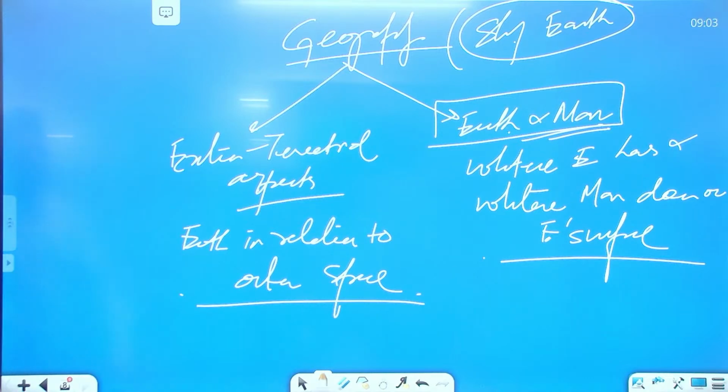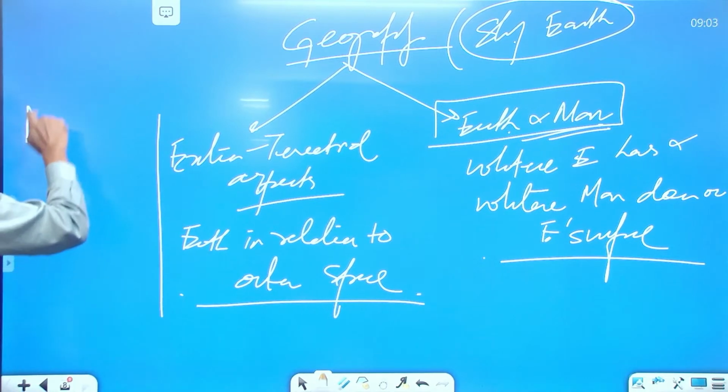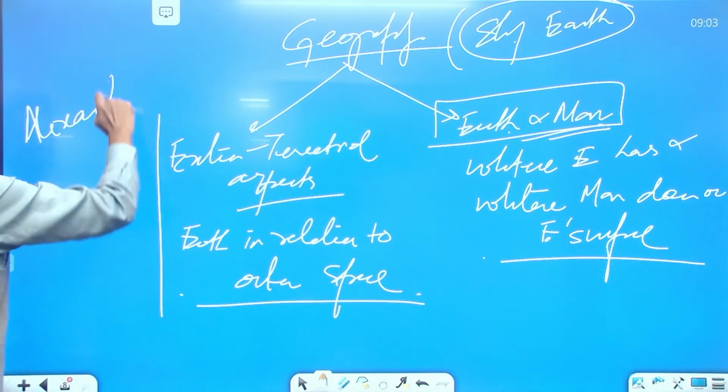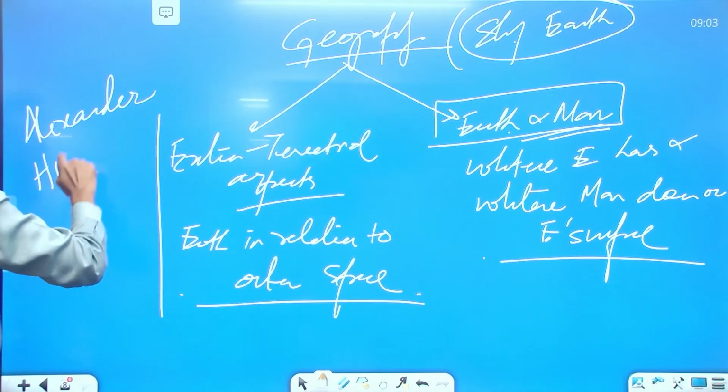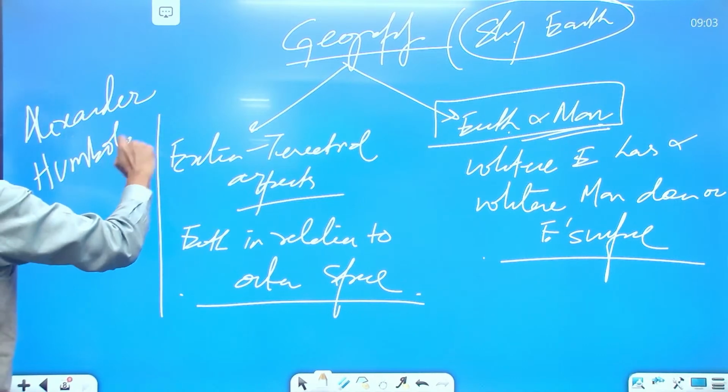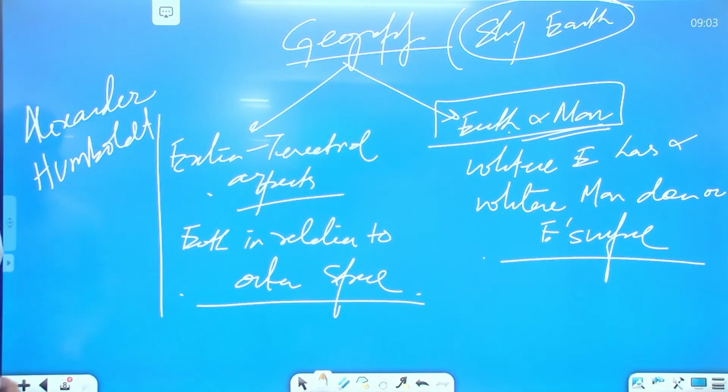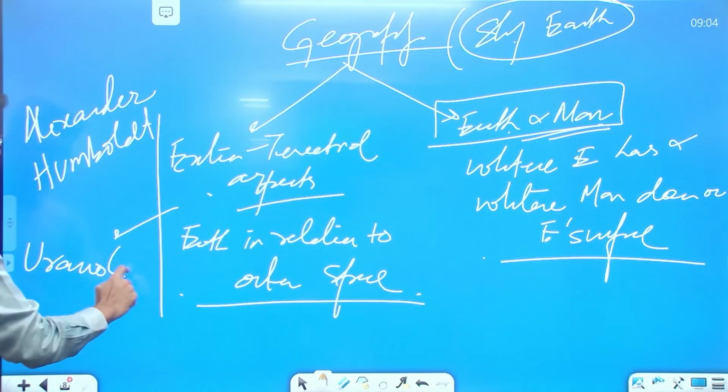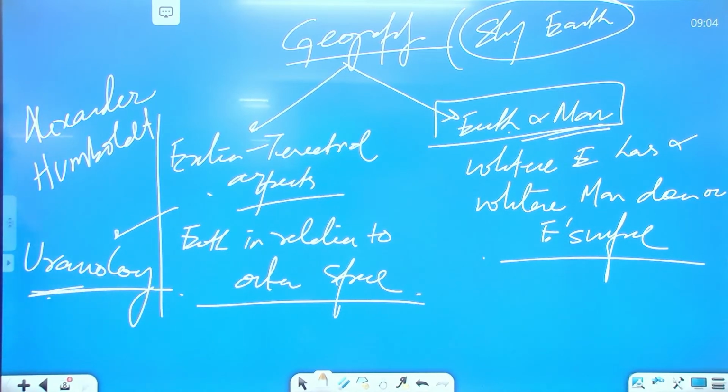There was a geographer called Alexander Humboldt. He is a very tall personality in geography, and he called this study uranology.